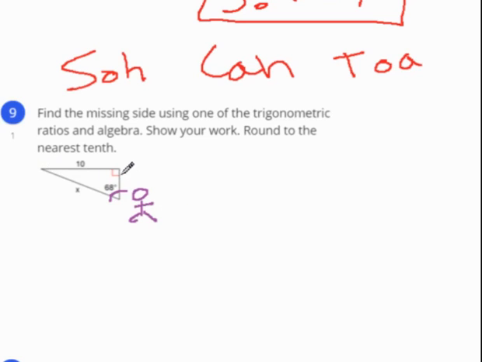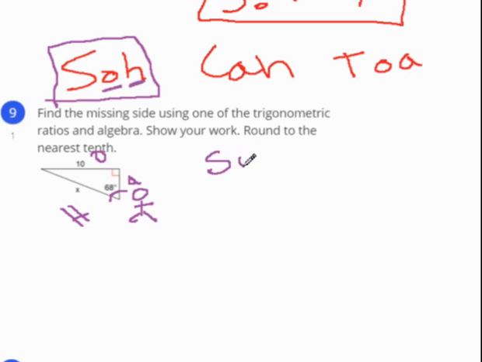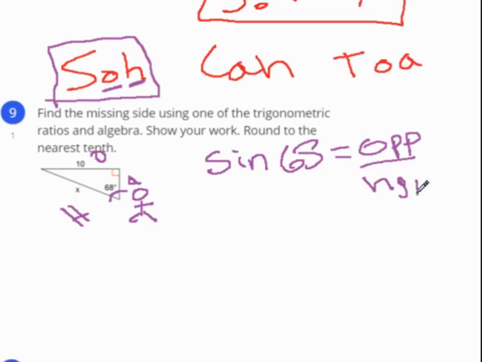I know the two side lengths that always point to me are hypotenuse and adjacent, and the other one is opposite. So there's no adjacent number or letter, so I only have opposite and hypotenuse. What ratio only uses opposite and hypotenuse? Why, that would be sine. So sine of that 68 degrees is going to equal the opposite side over the hypotenuse side.